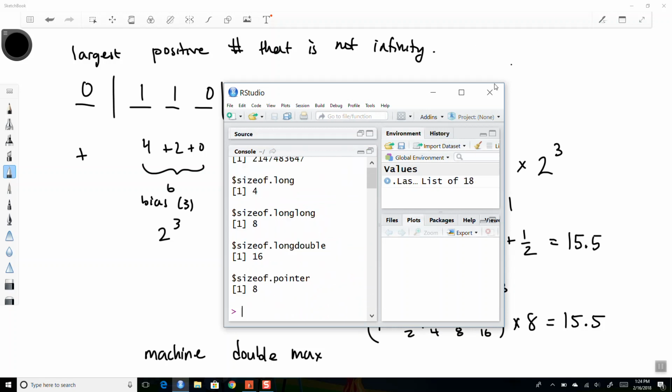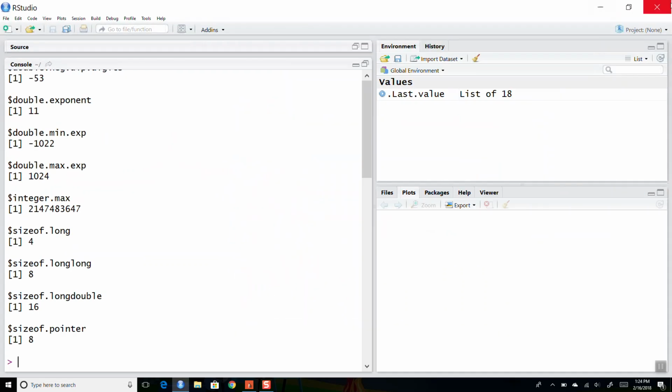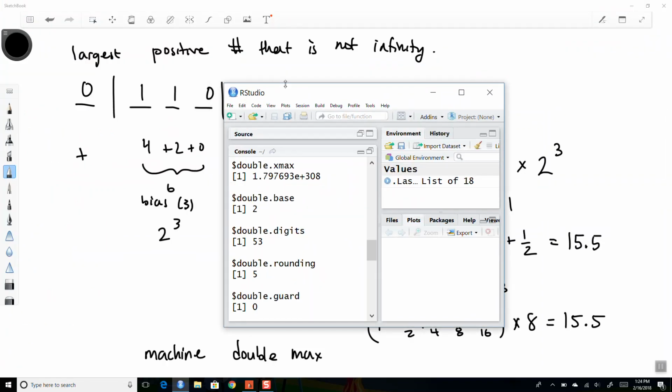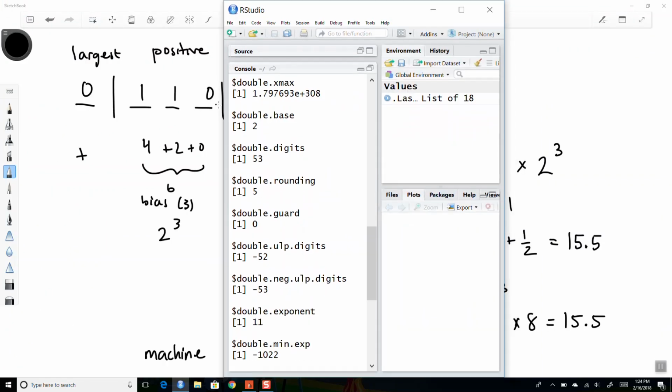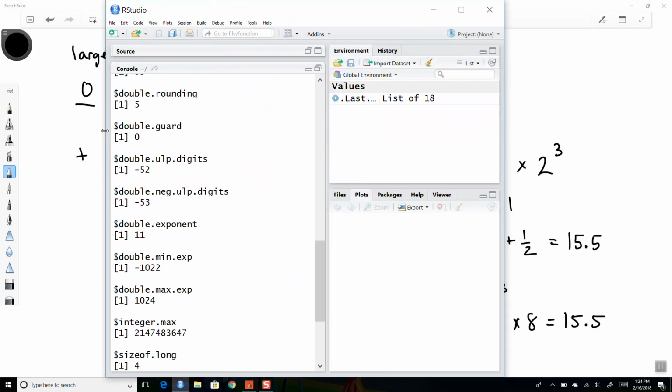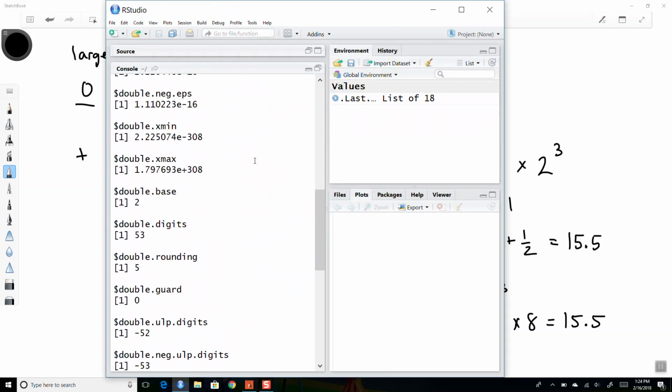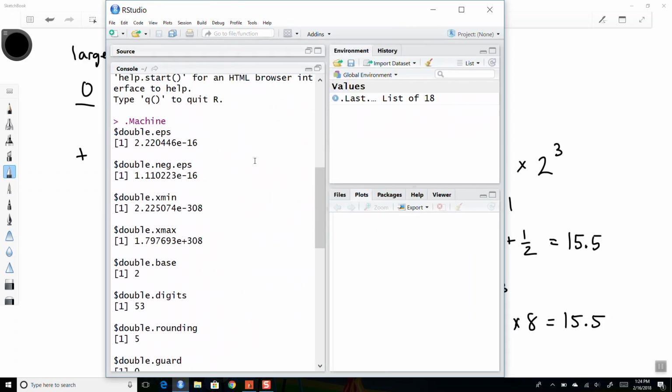All right. So if you type in dot capital M machine into R, this depends on your chip. Floating point numbers are not implemented in R, but at a hardware level. So your processor inside your computer is what's going to determine how numbers are handled, okay?